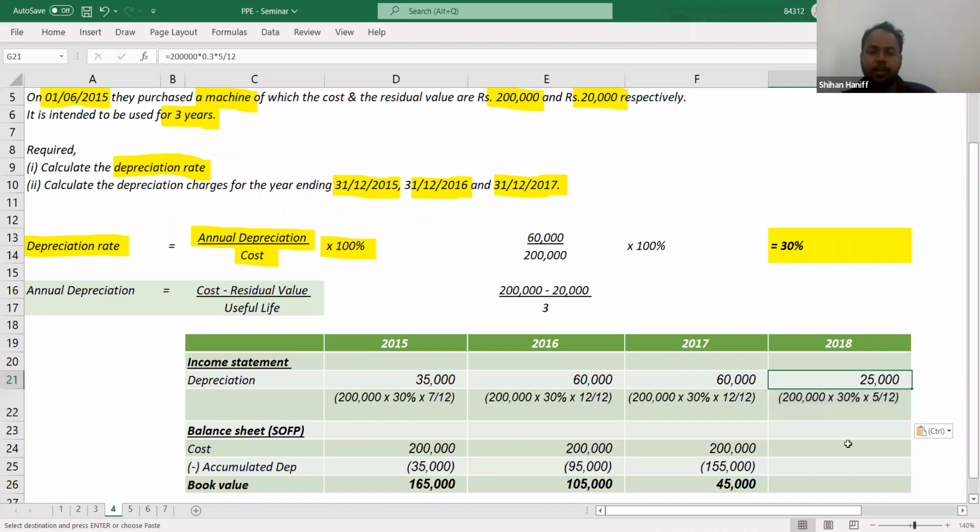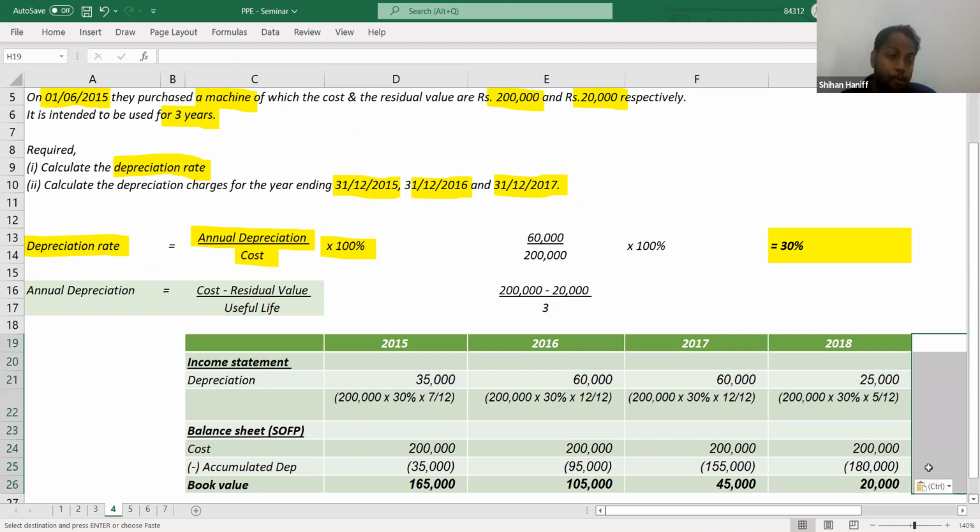So 2018, and the balance will be 200,000 minus 180,000 total depreciation, 20,000. This is your scrap value. And remember, in 2019 we don't depreciate. This will become a fully depreciated asset in 2018.